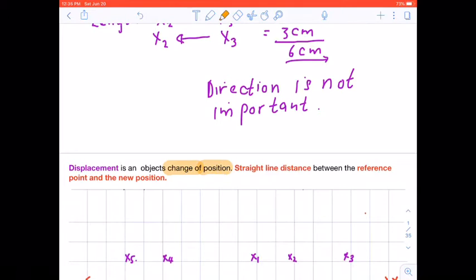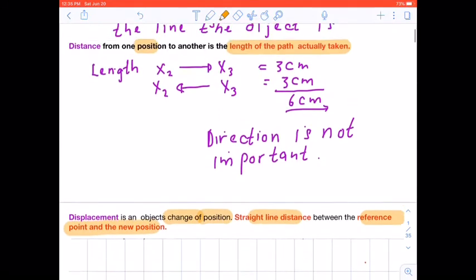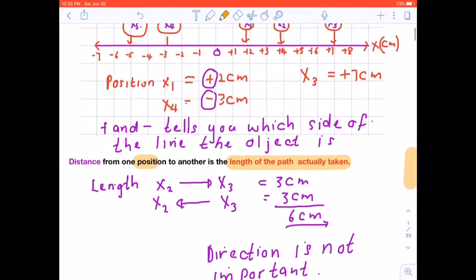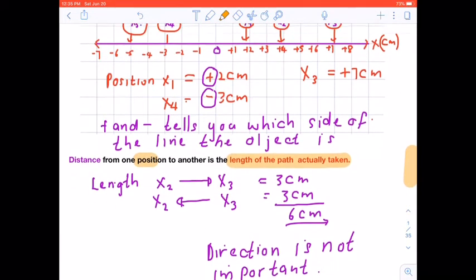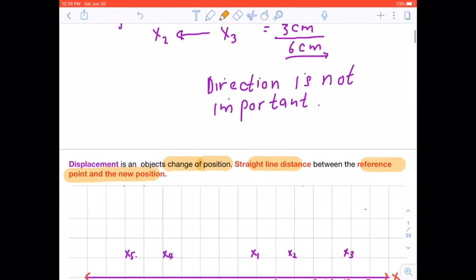It's the straight line distance between the reference point and the new position. Let's look at it. I've indicated where x1, x2, x3 are, and it's the same thing we have here.